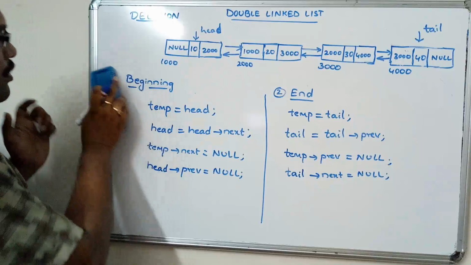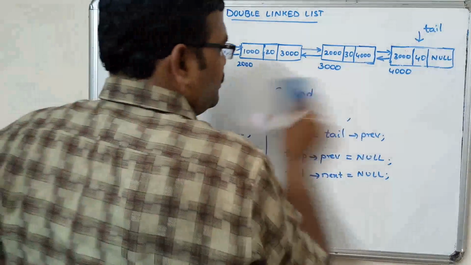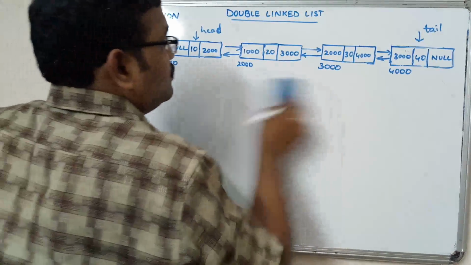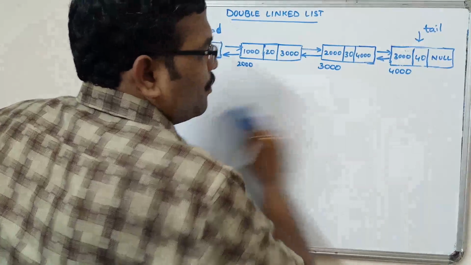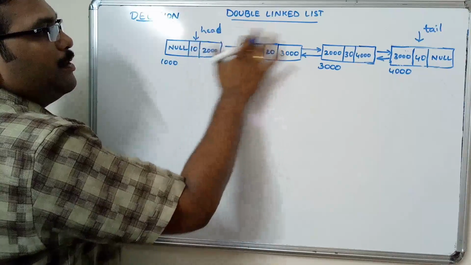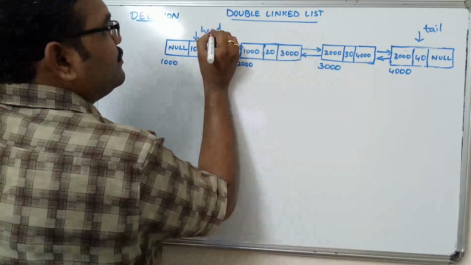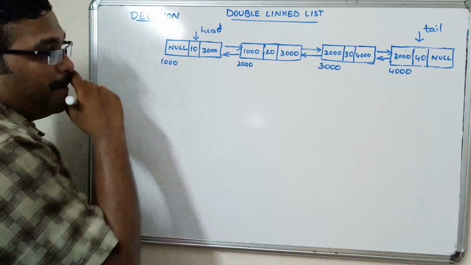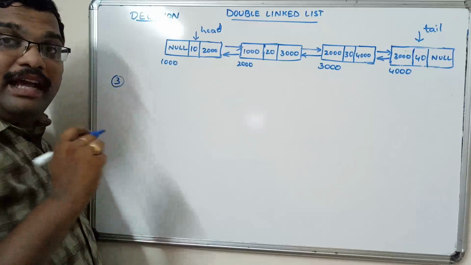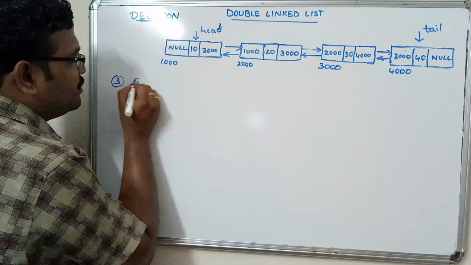Right. Now we will see the third case. Third one, deleting an element from the specified location.